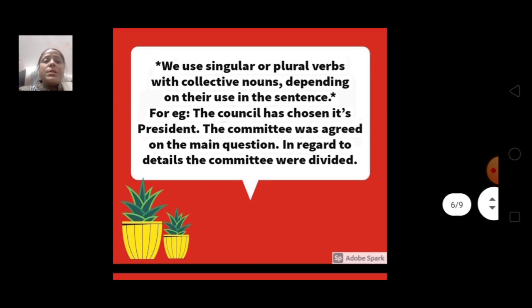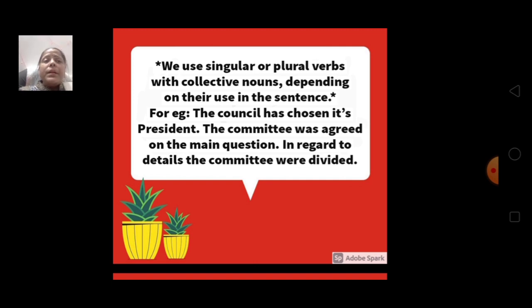We use singular or plural verbs with collective nouns depending on their use in the sentence. Alright, with collective nouns we can use singular verbs also, we can use plural verbs also. It depends on the meaning of the sentence how we are using that collective noun.